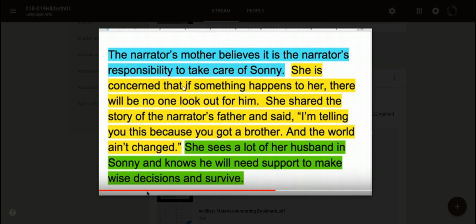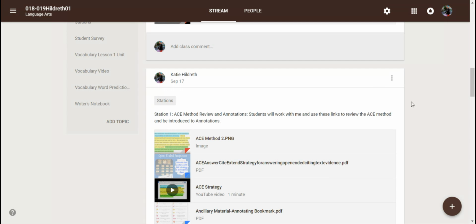So that's another example of why she believes it's the narrator's responsibility. And then she ties it all in at the end. She sees a lot of her husband in Sunny and knows he will need support to make wise decisions and survive. So in your case, you're going to tie in what the conflict is, how it is resolved in with those examples. Okay. All right.